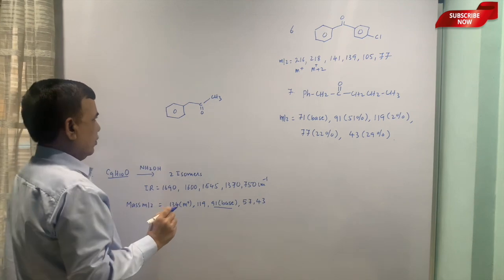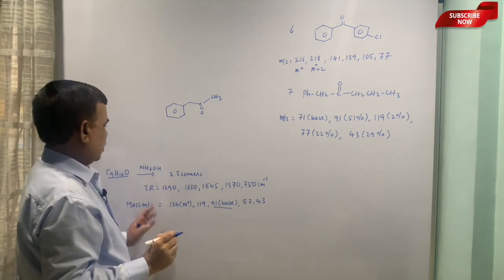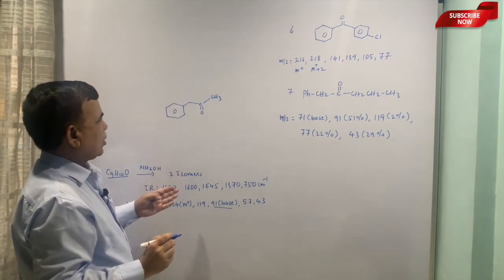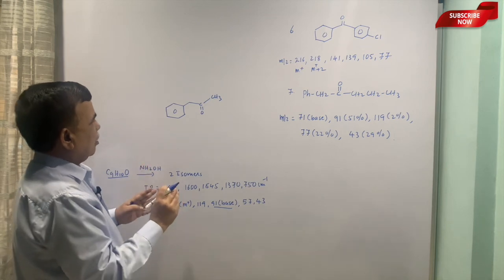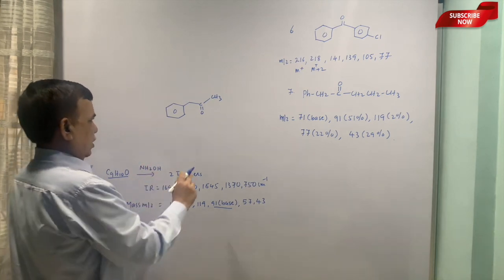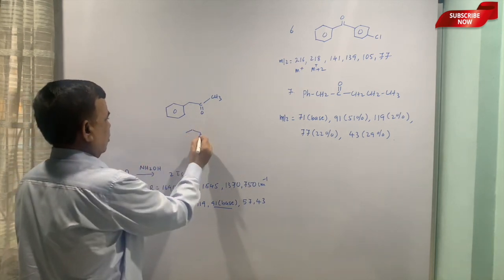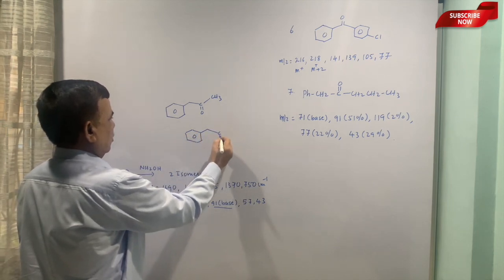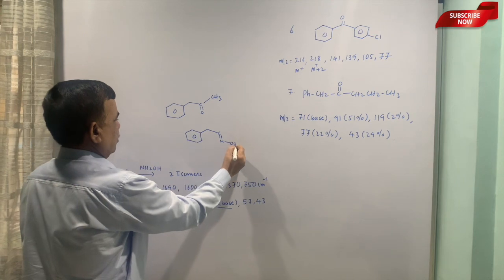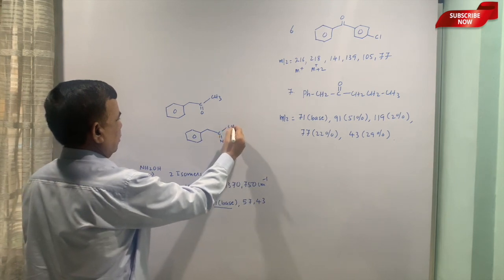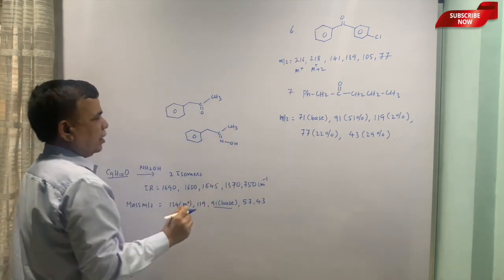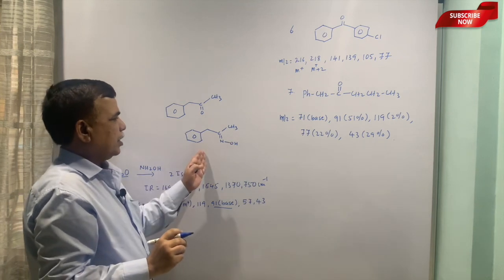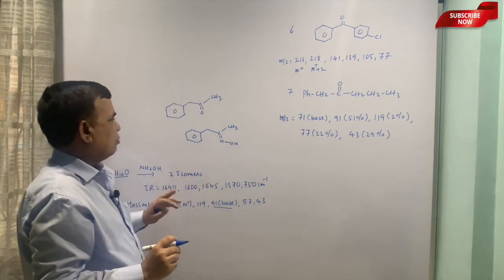This is the ketone which can give you oximes. So the oxime, I will just draw the oximes also here. C double bond N OH. This would be major, and if I put OH this side, that will be minor. So that's why two isomers.